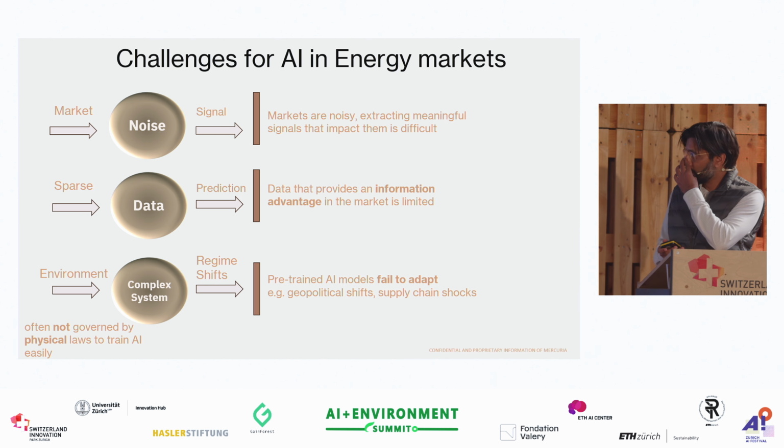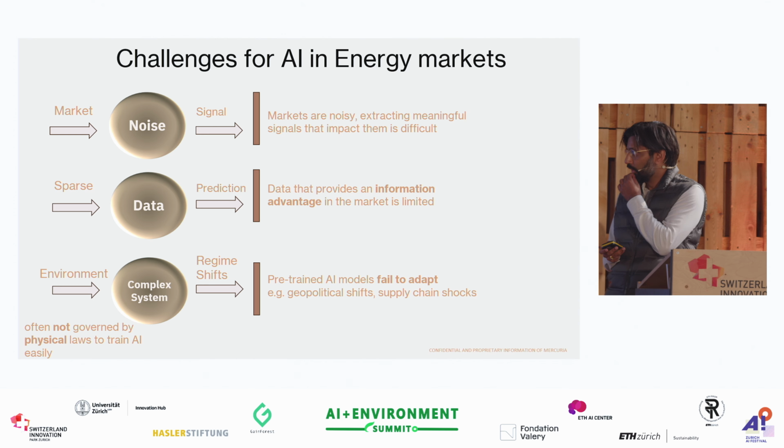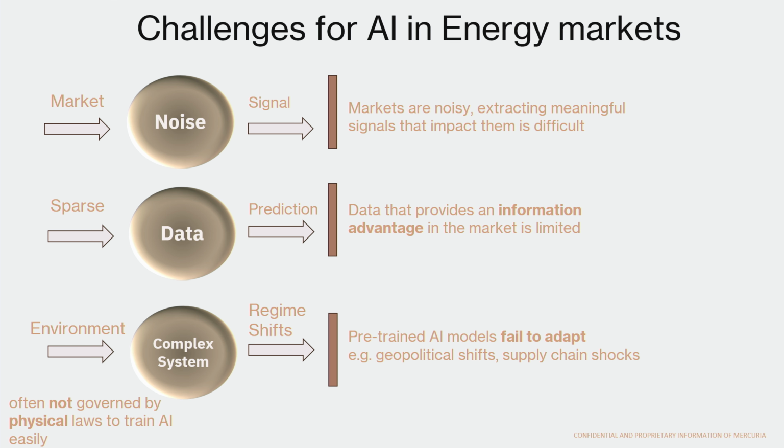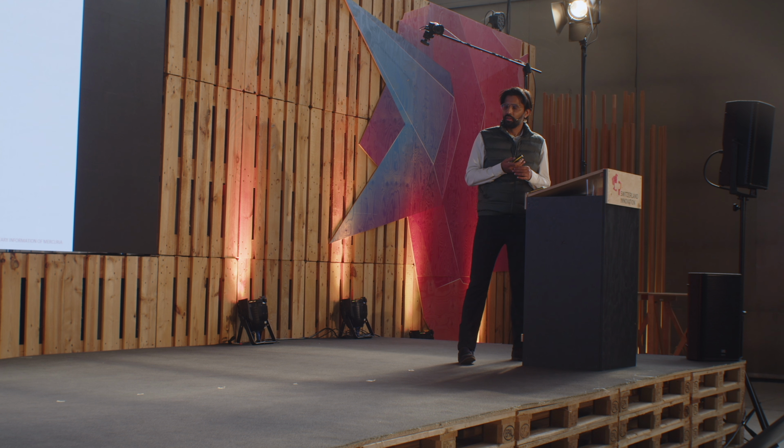So the challenges for us is, as I said, markets are noisy, so extracting meaningful signals that impact them is really difficult. And AI isn't great at this yet. Now, we don't deal in the high frequency range for trading. We deal in the low to medium frequency range, which is where it's even harder to extract signals.